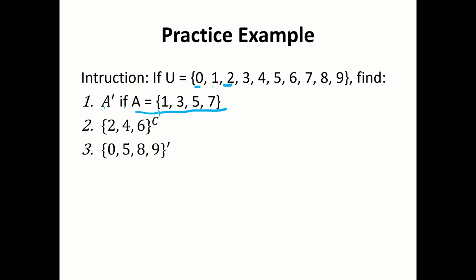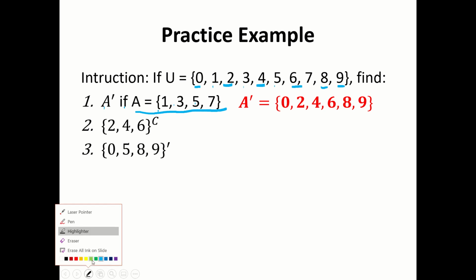So that will be part of our answer. 3 is here. There's no 4. There's a 5. There's no 6. There is a 7 in here. But there's no 8 and 9. That means that the complement of A is 0, 2, 4, 6, 8, and 9.